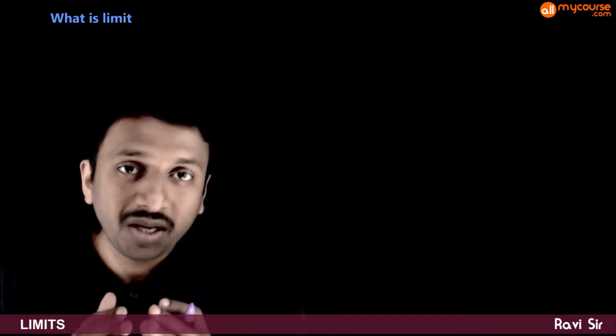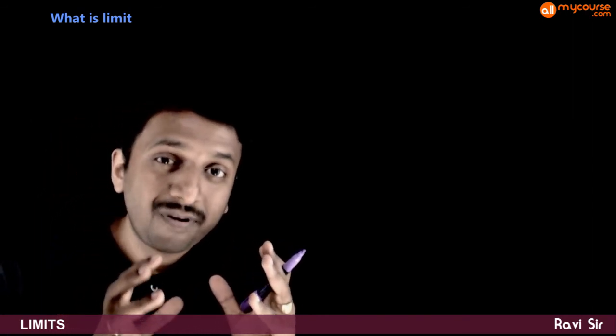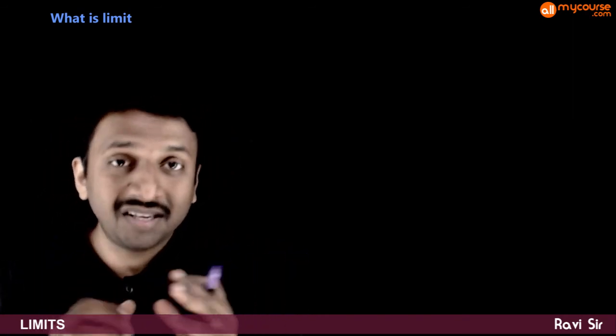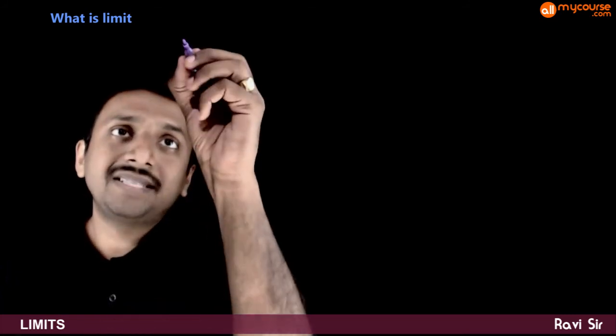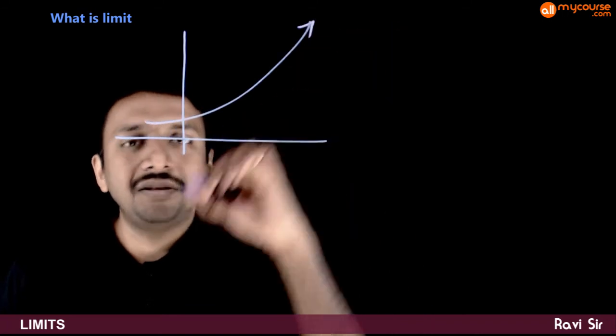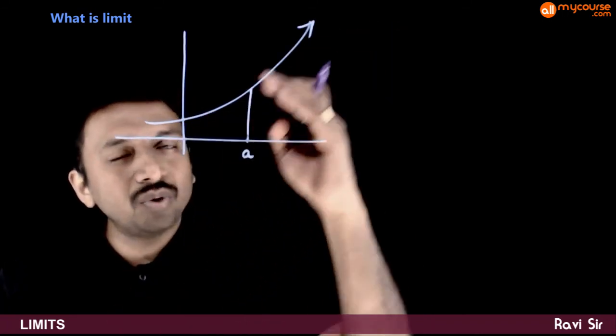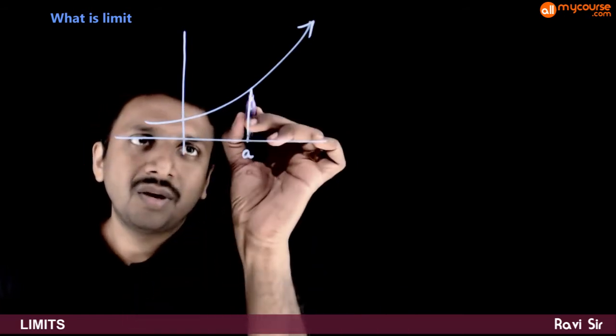And next, we have also understood the difference between the value of limit and the functional value at x equal to a. For example, if you have a graph which is nicely continuous, and this is x equal to a, you have a smooth graph going like this.